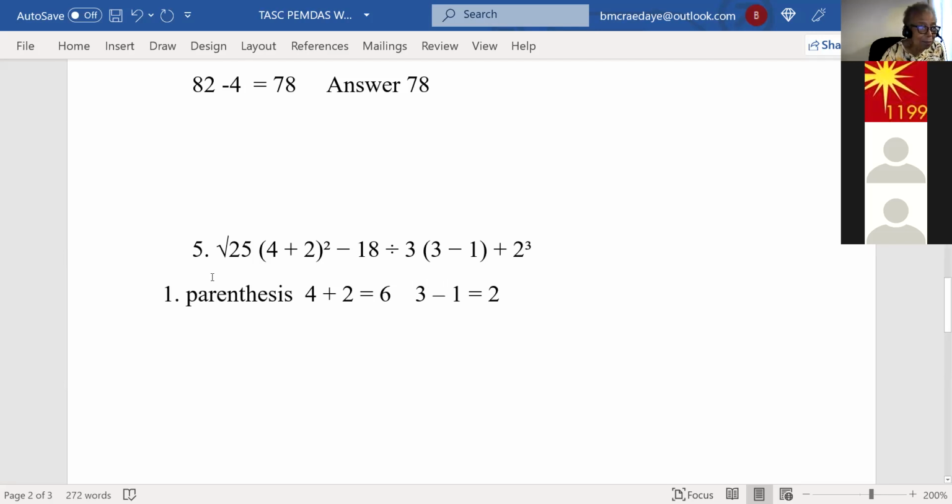Now let's just substitute what we got for those parentheses. Okay, copy this over. And let's just put 4 plus 2, we got a 6, right? So let's just put a 6 there. Right, 6 to the second. And the 3 minus 1, we got a 2.